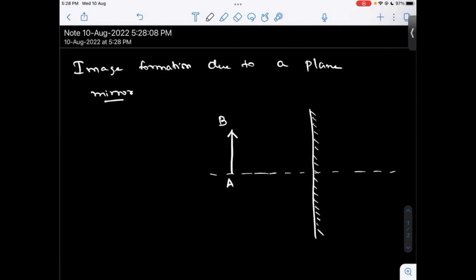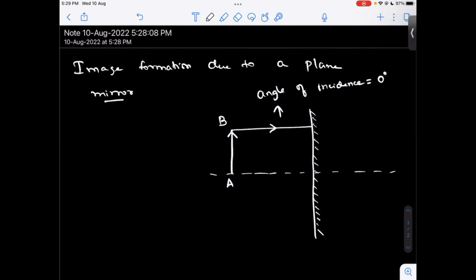Is that clear? So when you take a ray parallel to the principal axis, what is the angle of incidence?